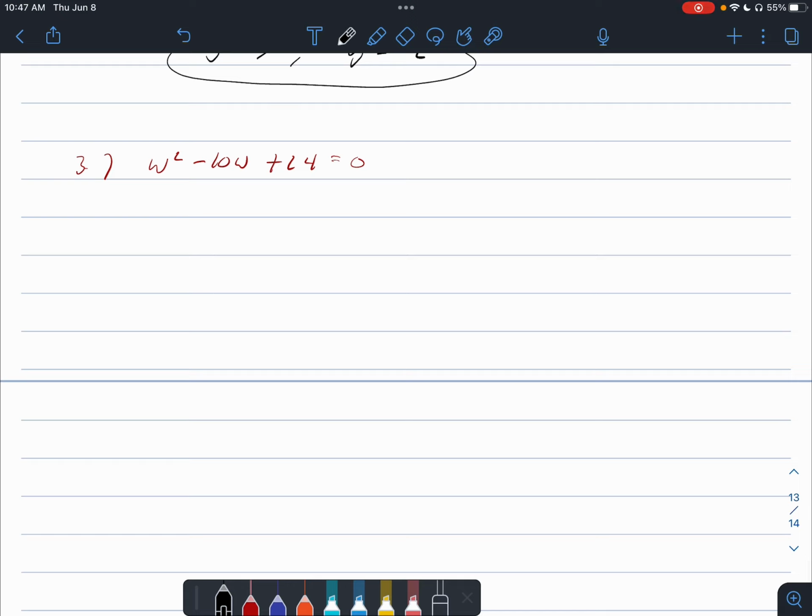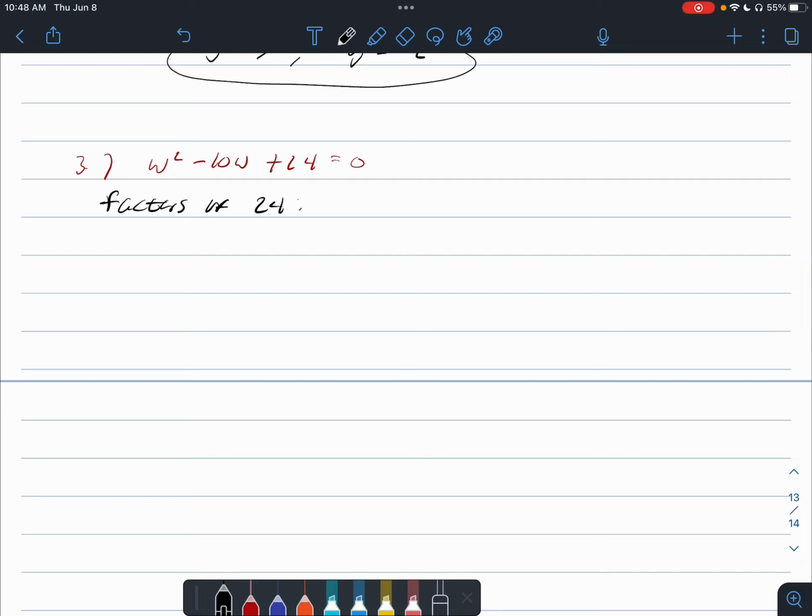For this last one, we'll have w squared minus 10w plus 24. So we want to find two numbers that multiply together to give us 24 and add to give us negative 10. So for the factors of 24, I'll write them out this time. There's a few of them.